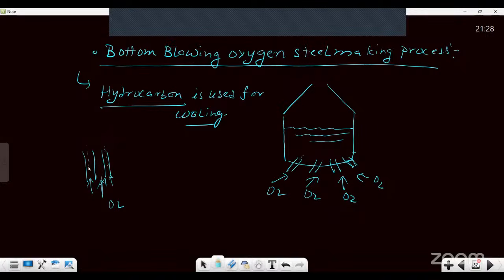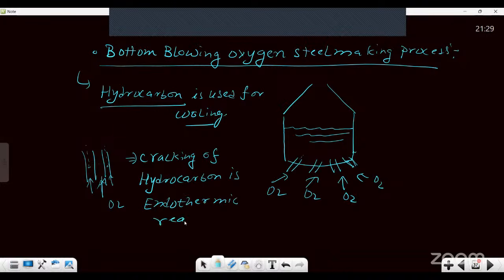So in the side channels, cracking of hydrocarbon starts. Cracking of hydrocarbon is an endothermic reaction, right? So this is basically an endothermic reaction.